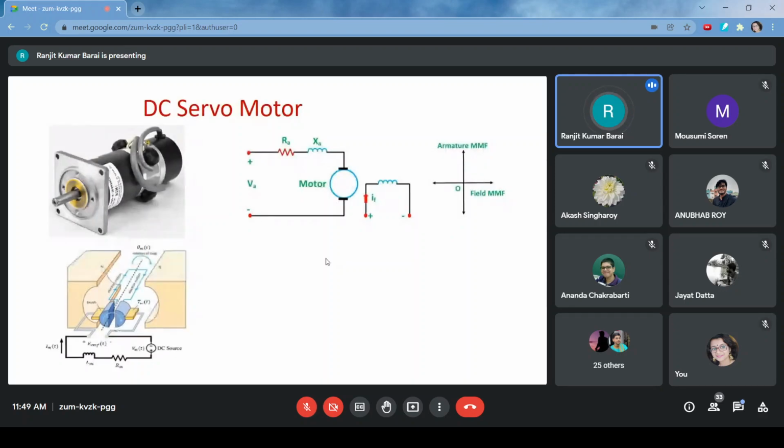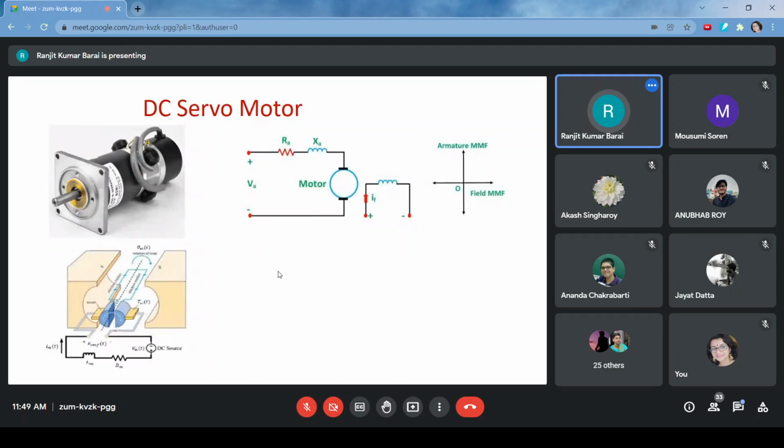Now, the element in mechanical time constant is its inertia, moment of inertia. Okay, so moment of inertia again is proportional to its diameter.